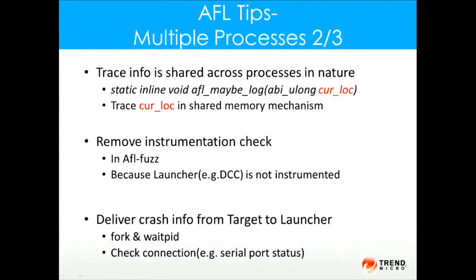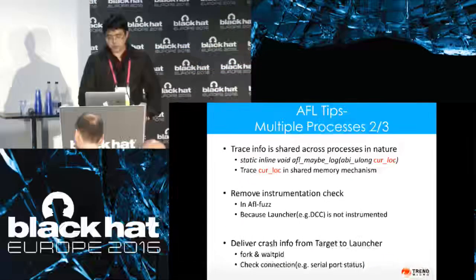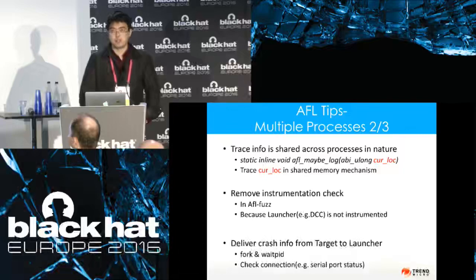The first one is we have to remove the instrumentation check in AFL because the DCC has no instrumentation. And the other is that we have to deliver the crash info from the target process to the launcher process. For example, we can use the fork and waitpid method, and also we will check the connection of the serial port to check the crash of the target process.